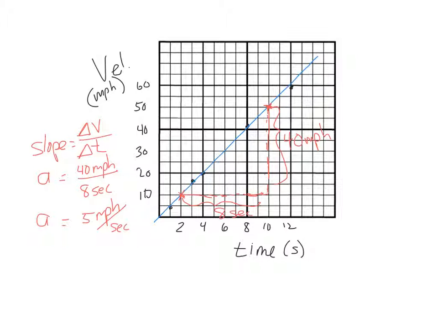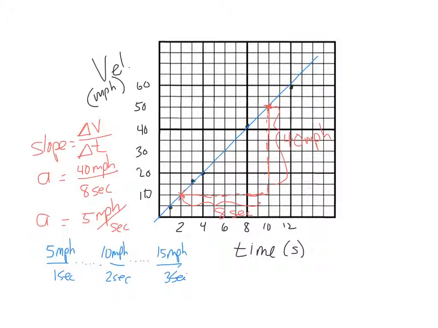Well, after 1 second, you would be 5 miles per hour. That's in 1 second. After 2 seconds, how fast would you be? Add another 5 miles per hour. So you'd be 10 total after 2 seconds. After 3 seconds, how fast would you be? Another second goes by, and you would be 15 miles per hour. And that's after 3 seconds.